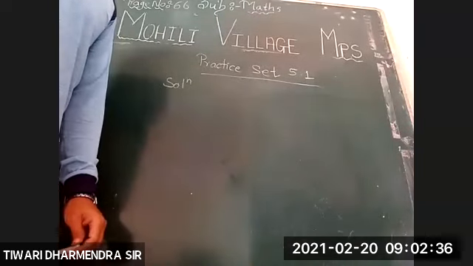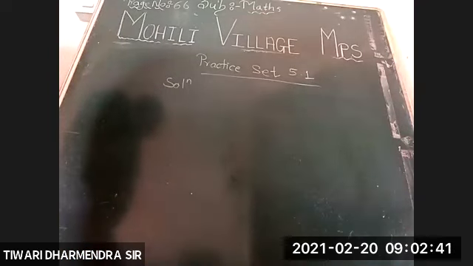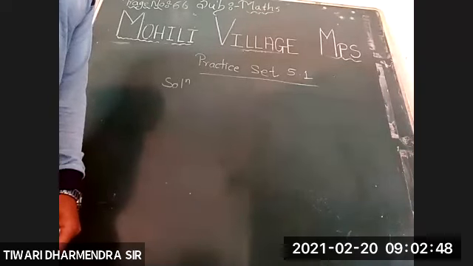Now we'll move to the second question. Solve the, sorry, that is the third one. Question number 2 is: write 5 solutions of the equation x plus y is equal to 7.